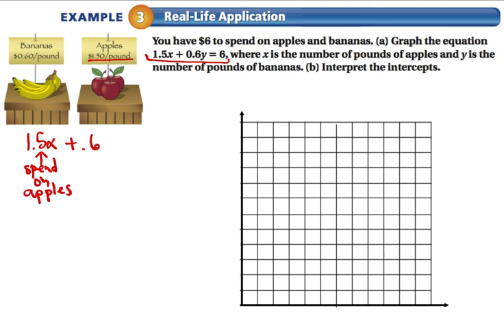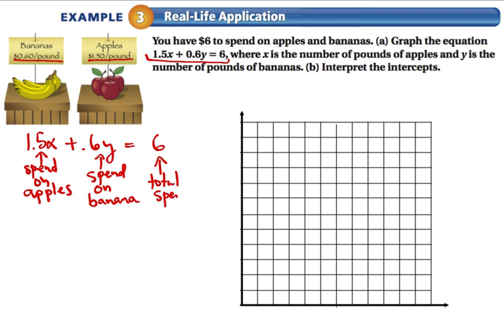Now the 0.6y, if we buy y pounds of bananas at $0.60 per pound, it's going to be 0.6 times y. So this is what we spend on bananas. And then the equals 6, this is the total spent.